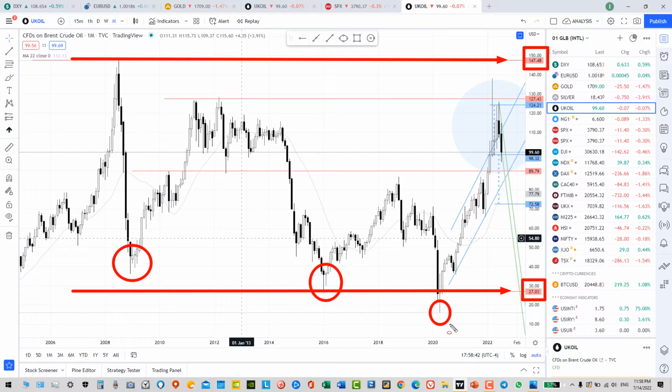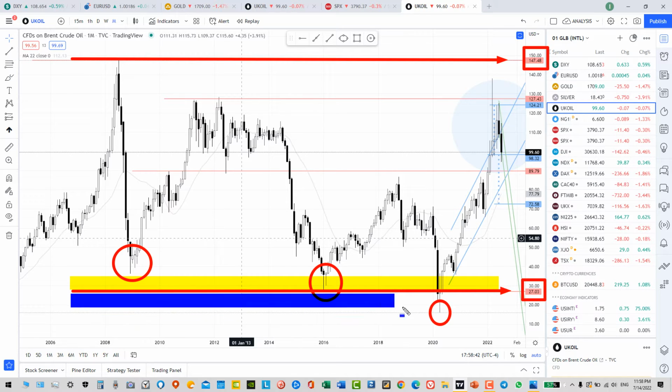So I chose to draw the middle one, because I will consider an area of $10 thickness above the 27 and another $10 thickness below the 27. So this is a very thick band of support.